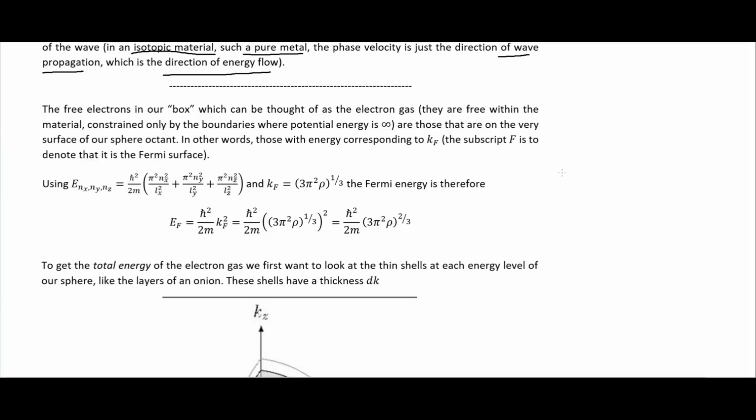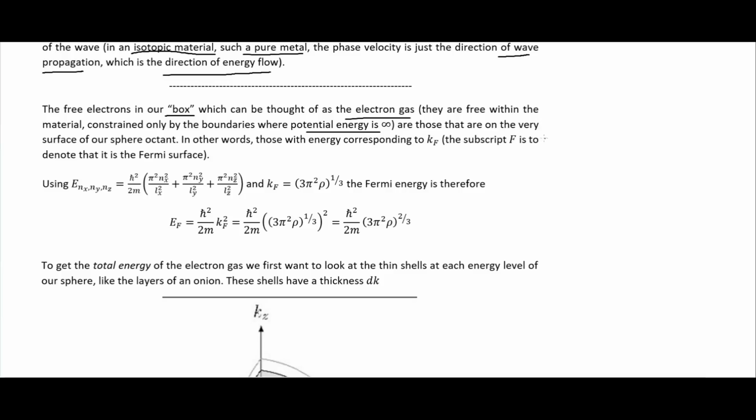And so now if we get back to what Griffiths was talking about. So free electrons in our box, which would be like our material, can be thought of as an electron gas. They are free within the material, constrained only by the boundaries where the potential energy is infinity.